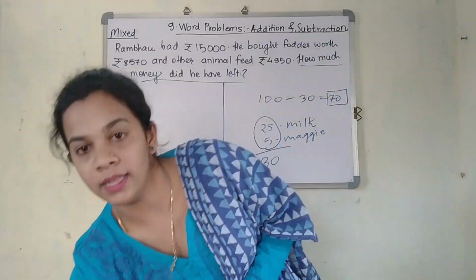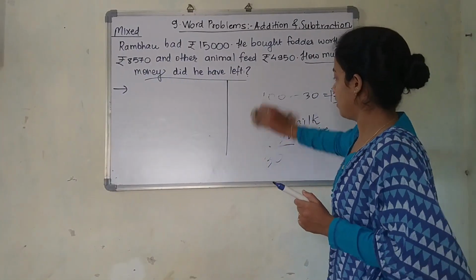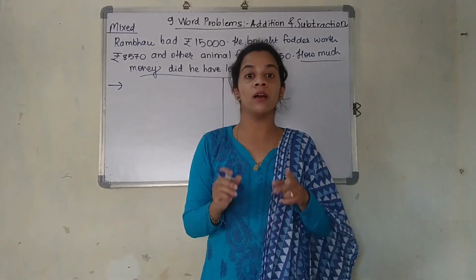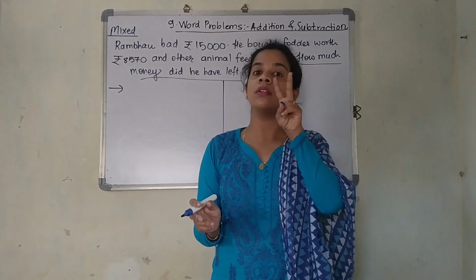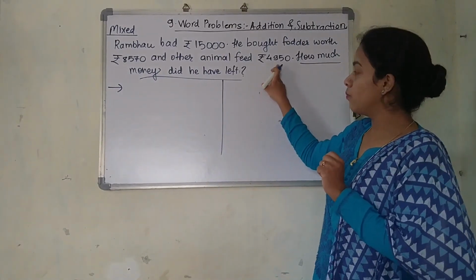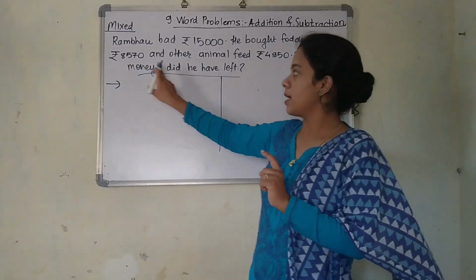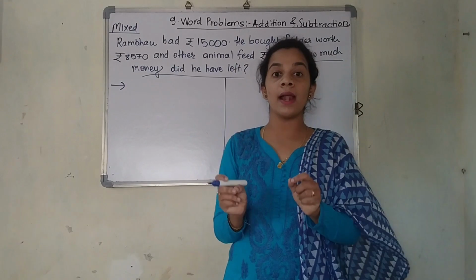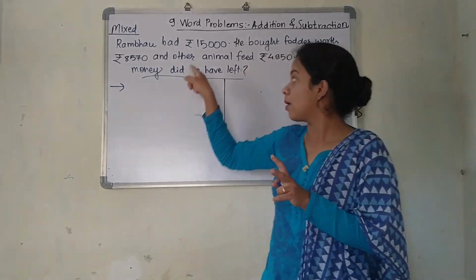So basically in these questions, we are going to add the smallest two numbers. Which are the smallest two numbers? One is 4,950 and another is 8,570. We are going to add the smallest two numbers as compared to this.